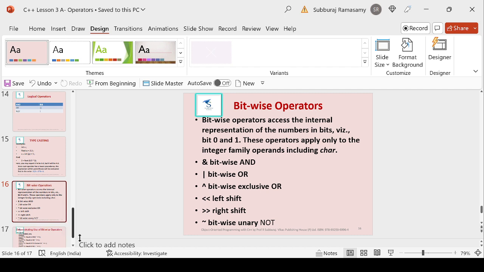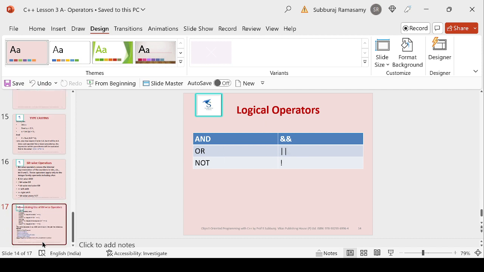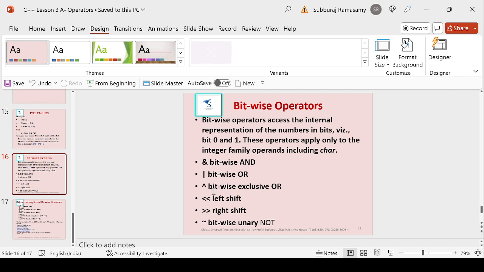In logical operators, we had two ampersands for and and two lines for or. In bitwise operators, you have a single ampersand for bitwise and, one line for bitwise or, and the exclusive or. Suppose a is 1 and b is 1, the outcome will be 0. If both are 0, the outcome will also be 0.